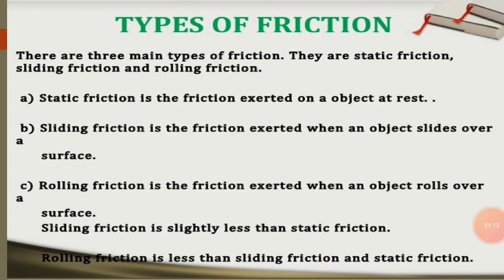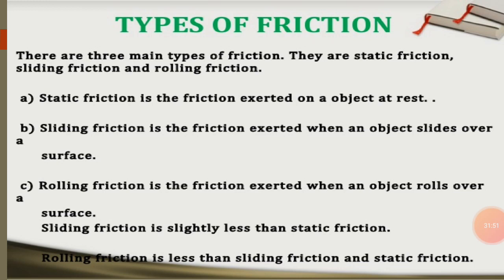But when you keep the cylindrical pencils below that heavy book and push it again, you can easily move the book. So it is clear that in the first case there is sliding friction, and in the second case rolling friction, and this rolling friction reduces the amount of friction. So the rolling friction is much less than the sliding friction and the static friction.